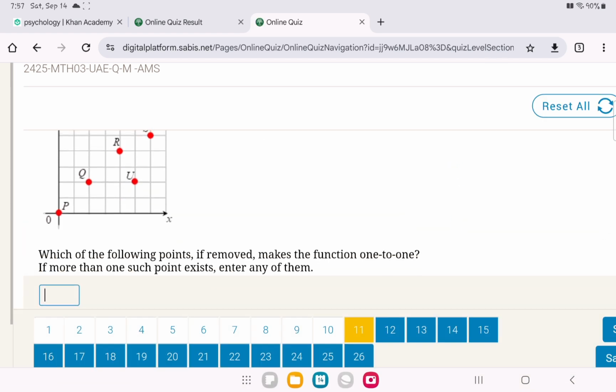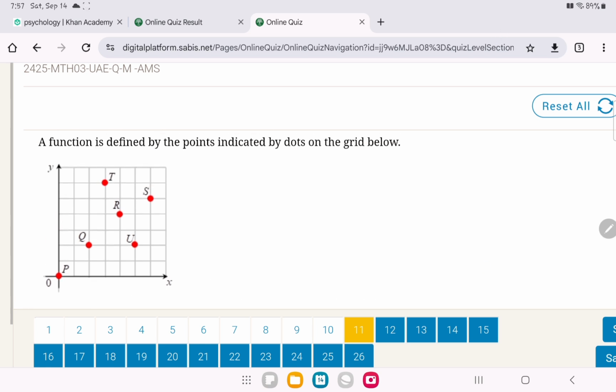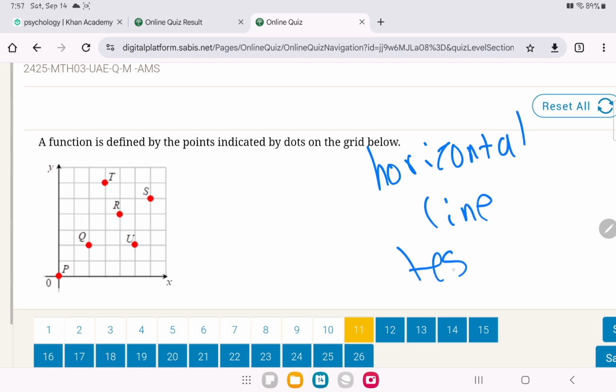Okay, they're telling us if more than one such point exists, enter any of them. They need what makes the function one-to-one. So to make the function one-to-one, we have to do something called the horizontal line test. And so from its name, we draw a bunch of horizontal lines.